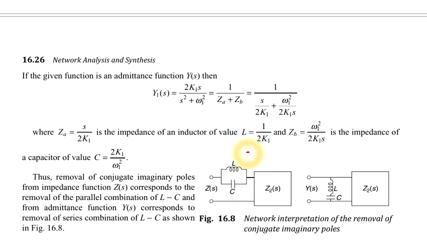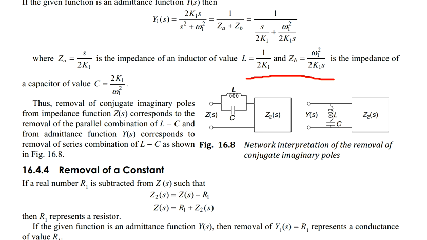Very direct, because now we are assuming that Y(s) is given in place of Z(s). So we can separate the imaginary poles with a parallel combination of L and C for Z(s), and a series combination of L and C if it is Y(s). That is the only difference, because they are dual. You need to understand this particular thing.